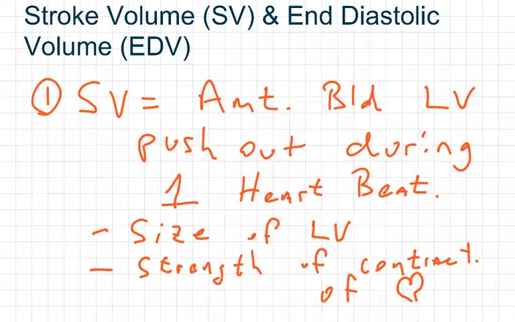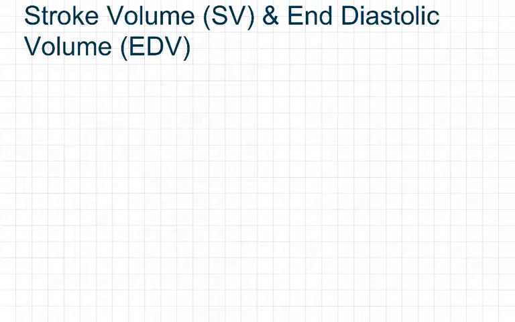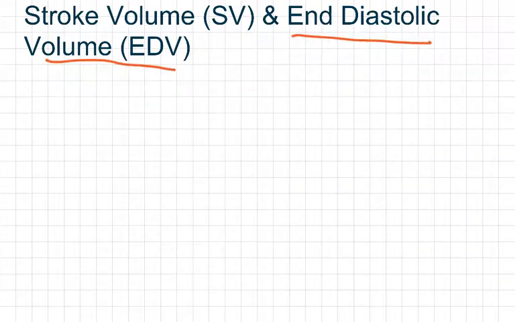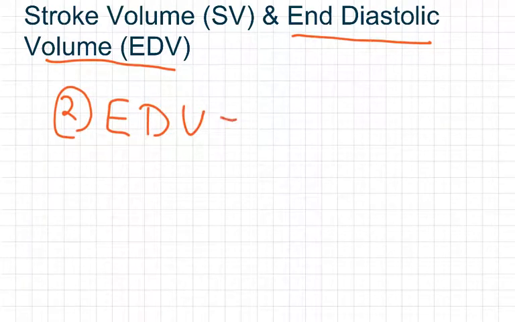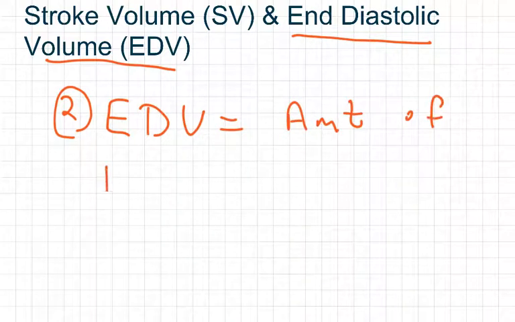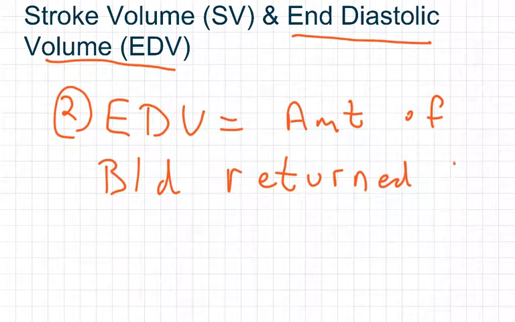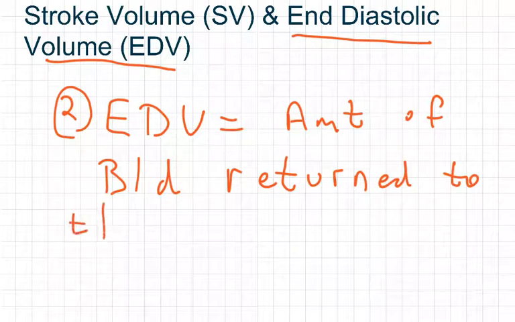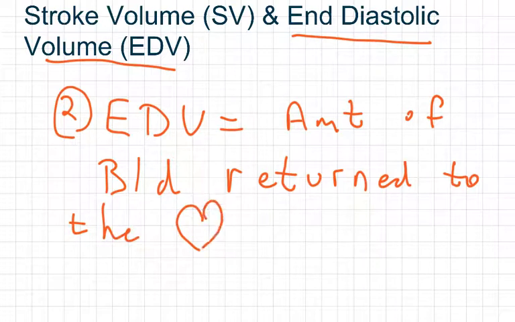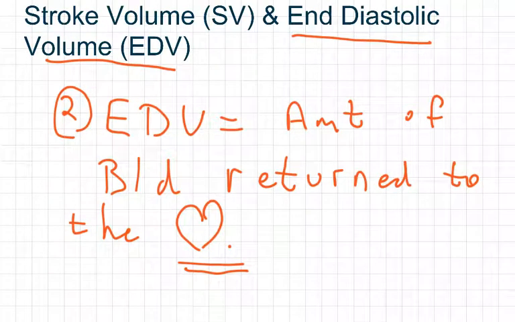The second component we want to discuss is the characteristic called end-diastolic volume, or EDV for short. All EDV is the amount of blood returned to the heart by the veins. That's all it is. End-diastolic volume is really dependent on a couple of different characteristics.